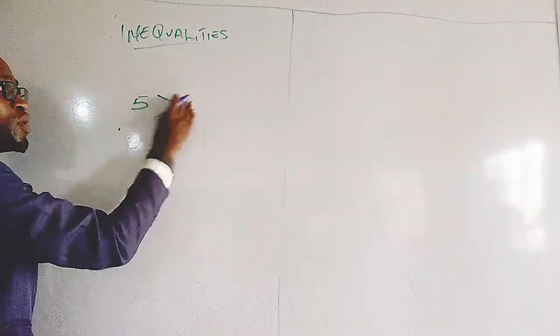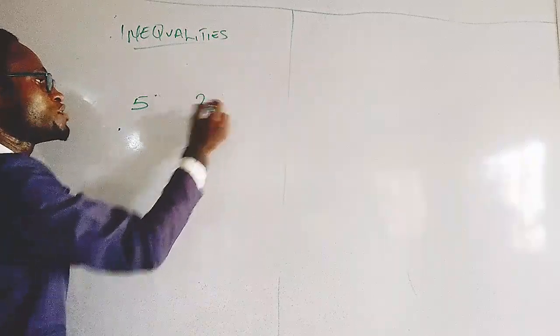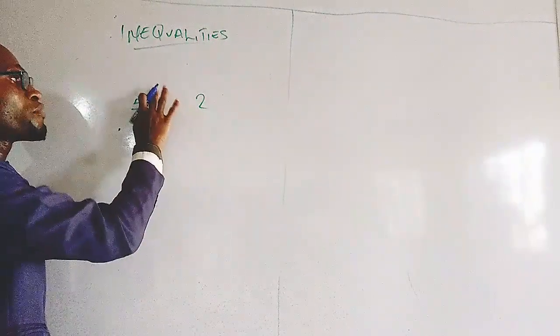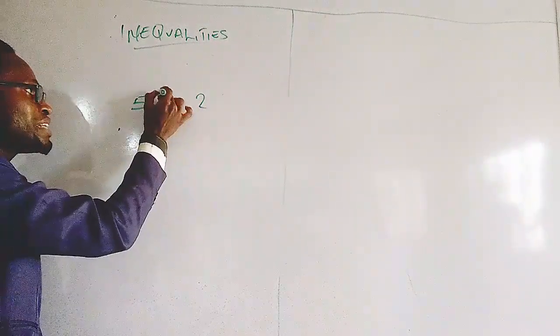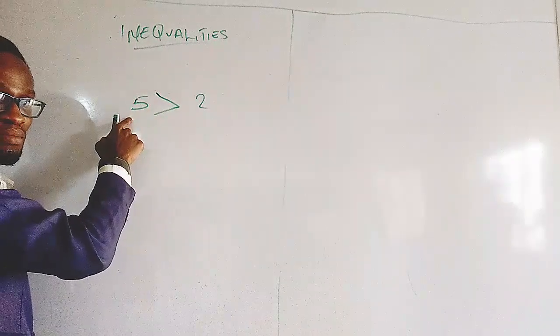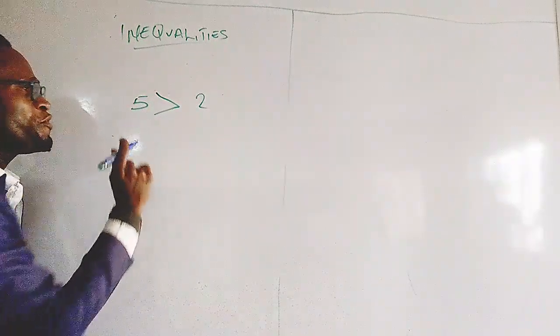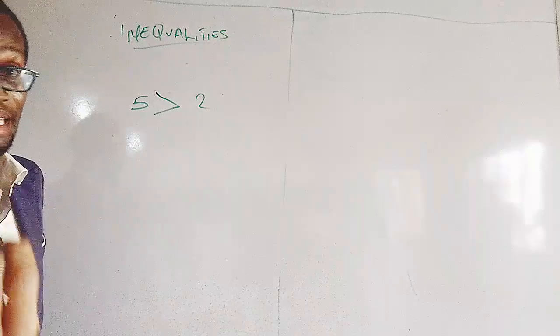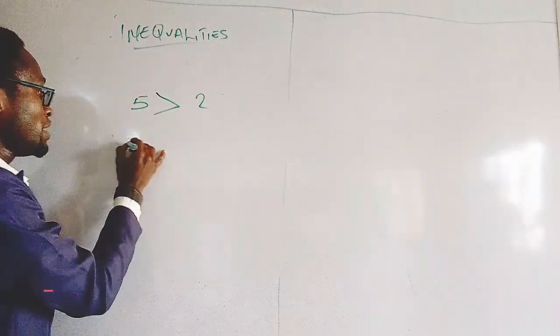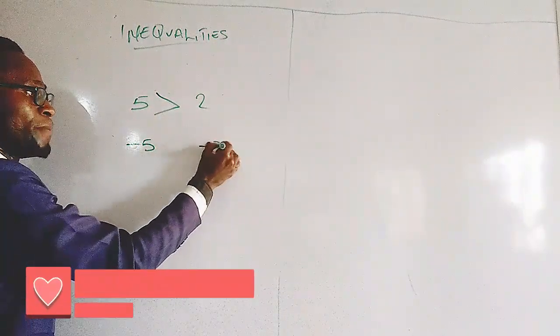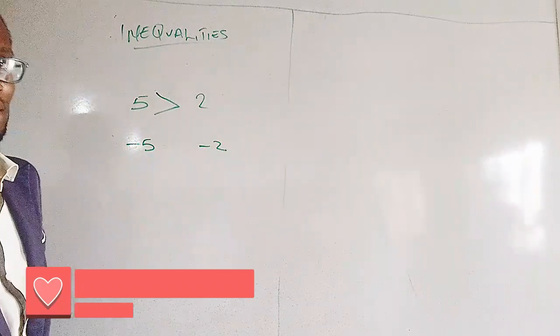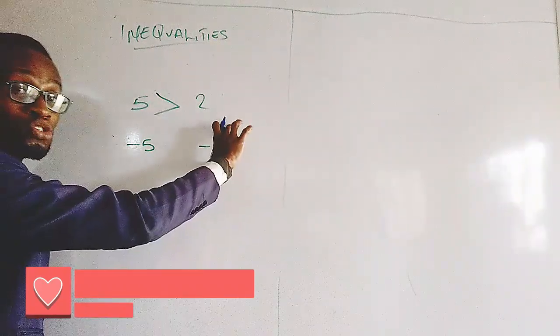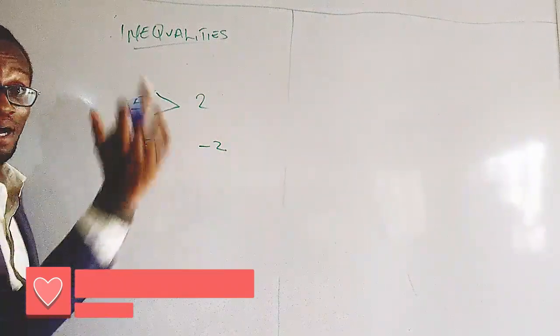Now another thing you should know is, look at this. 5 and 2. Which of them is bigger? We say that 5 is greater than 2. So that side of the V will face this. Now, if we decide to add a negative sign in front of both of them, like -5, -2. Once there is a negative sign, -2 is actually bigger than -5.